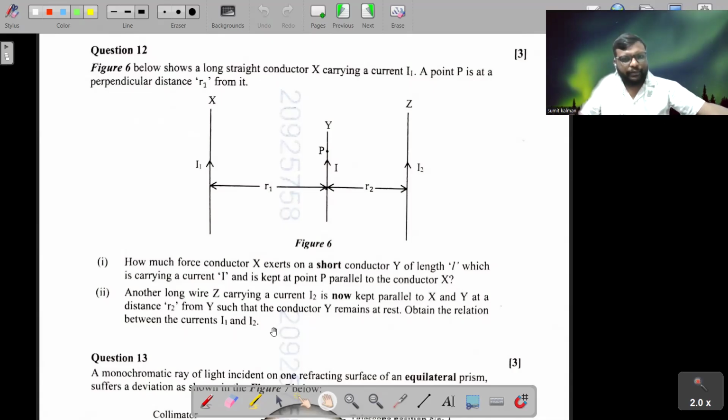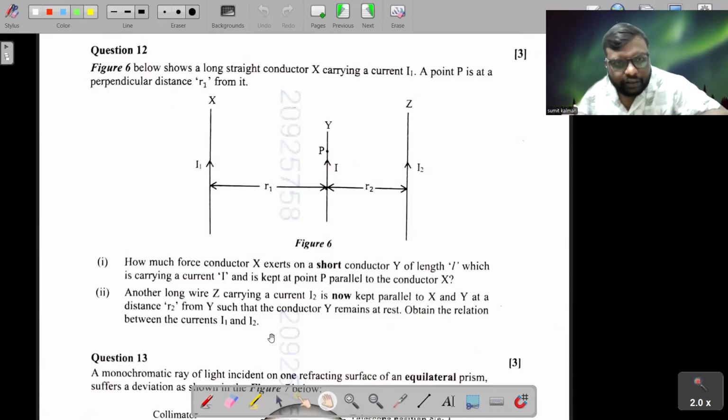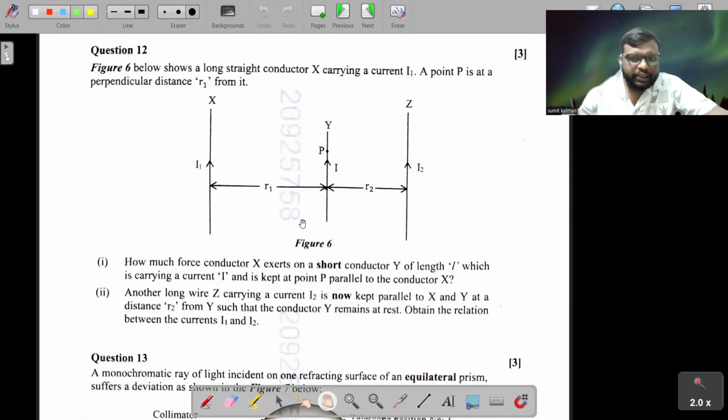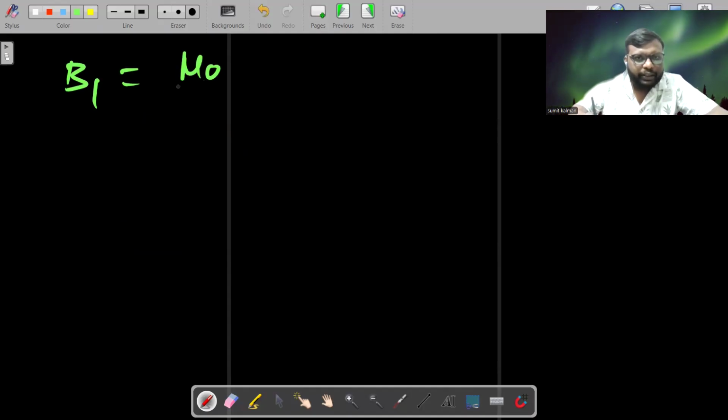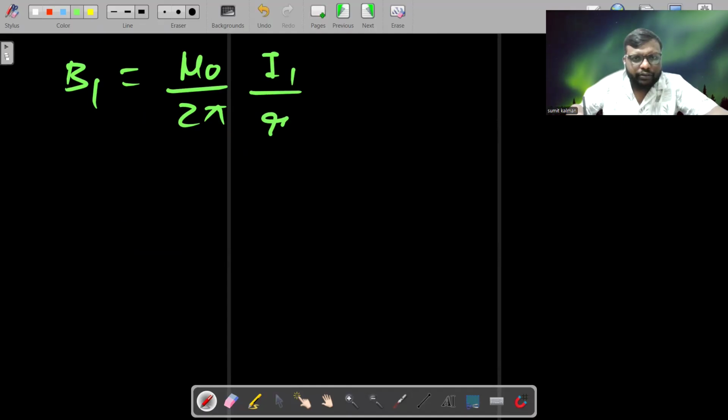So students, first, this conductor Y will experience a magnetic field due to the current in the conductor X. Now students, this conductor Y is at a distance R1 from conductor X. So here we will first write the magnetic field experienced by conductor Y. So here B1 will be mu naught upon 2 pi into I1 upon R1.